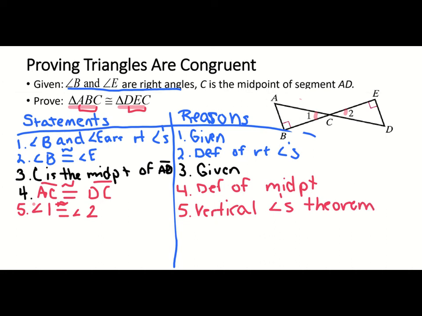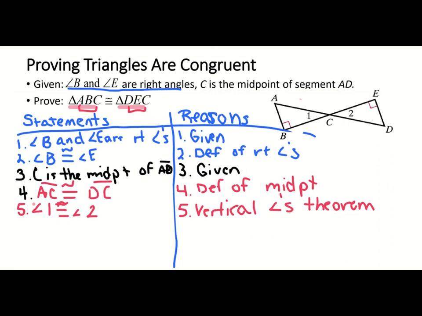If I look at my picture right now, that's really all I can see. I can't tell anything about BE. I don't know that C is the midpoint of that because they didn't give us that information.